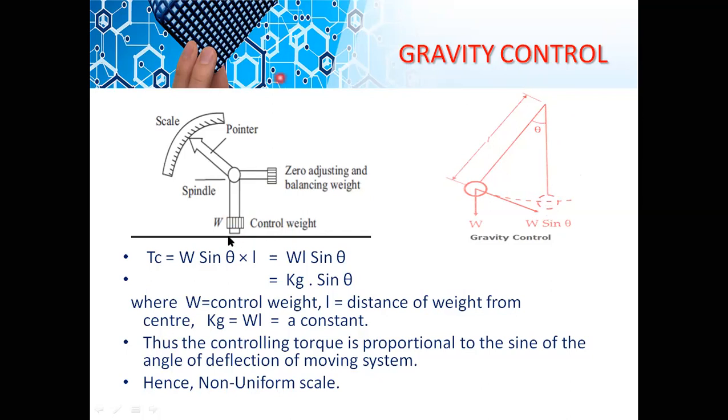This is the standard position. Now when the pointer is moving in clockwise direction, your weight also moves in clockwise direction. This particular situation is mentioned here. You can see that if the pointer is moving through an angle theta, the weight will also move clockwise through an angle theta, and that is mentioned here.